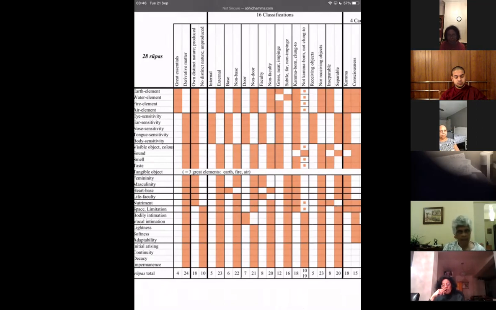It's difficult if you classify that way. When it comes to Bhante, intimation is personal, right? Bodily intimation and vocal intimation you can also classify as personal.